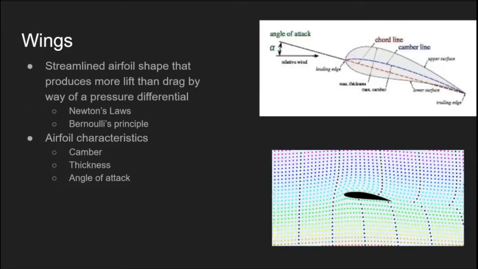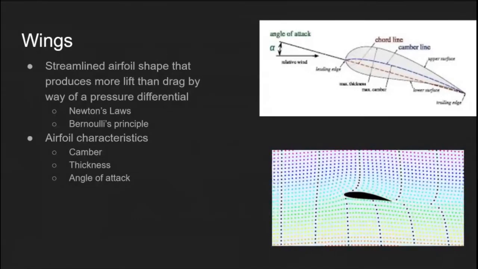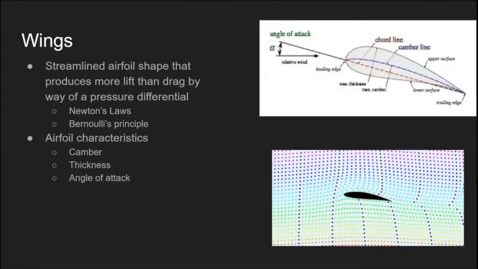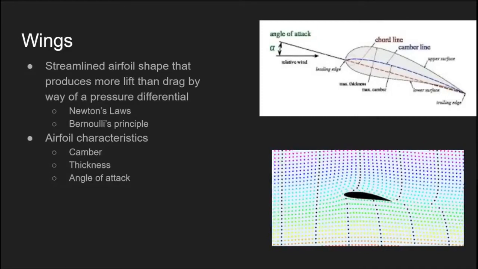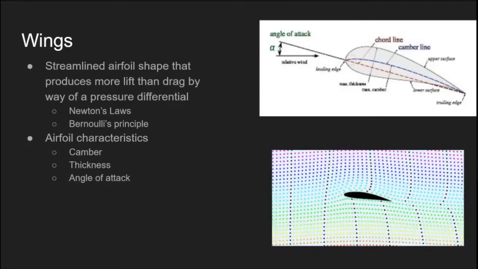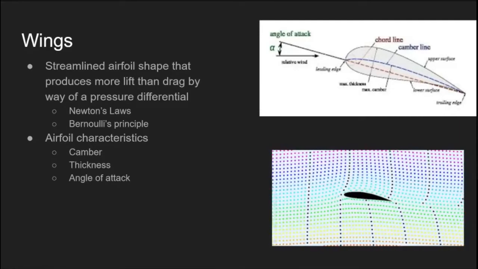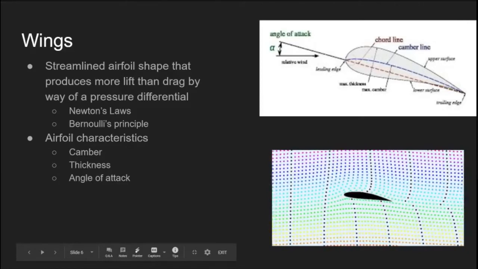According to Bernoulli's principle, a particle going faster produces a lower pressure, and a particle going slower produces a higher pressure. Note that these pressures are in relation to the normal atmospheric pressure.